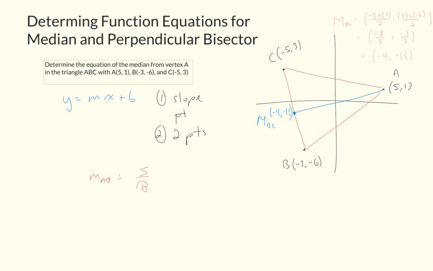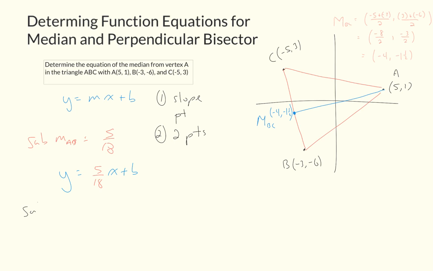So I'm going to take my slope and sub it in, and here we go, y equals 5/18 x plus b.